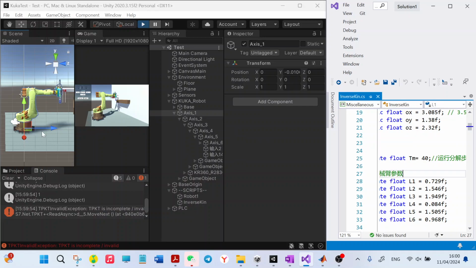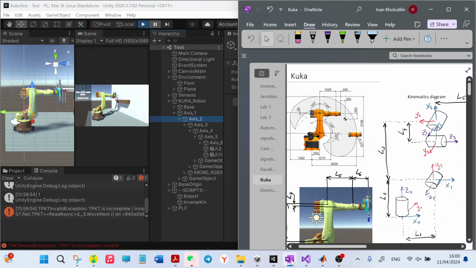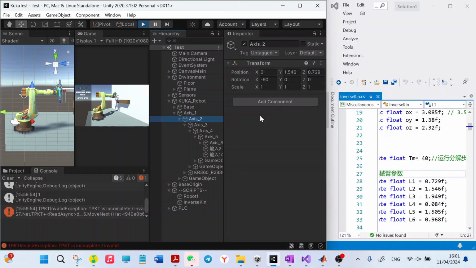This one is our base point. Next, here we will have L1 and L2. L1 is equal to 0.729, and this one is L2. Next we have L3, the distance between this and this. So it's this value. Next we have to define the distance to this.